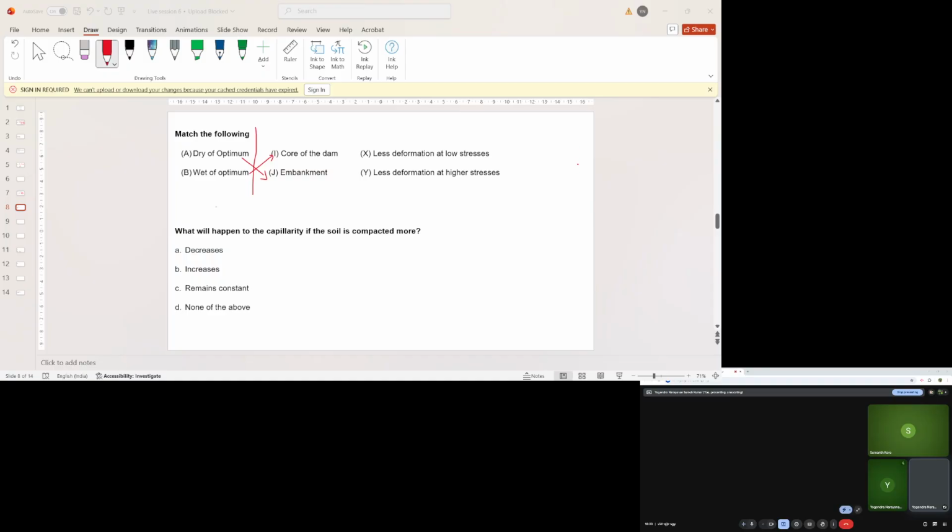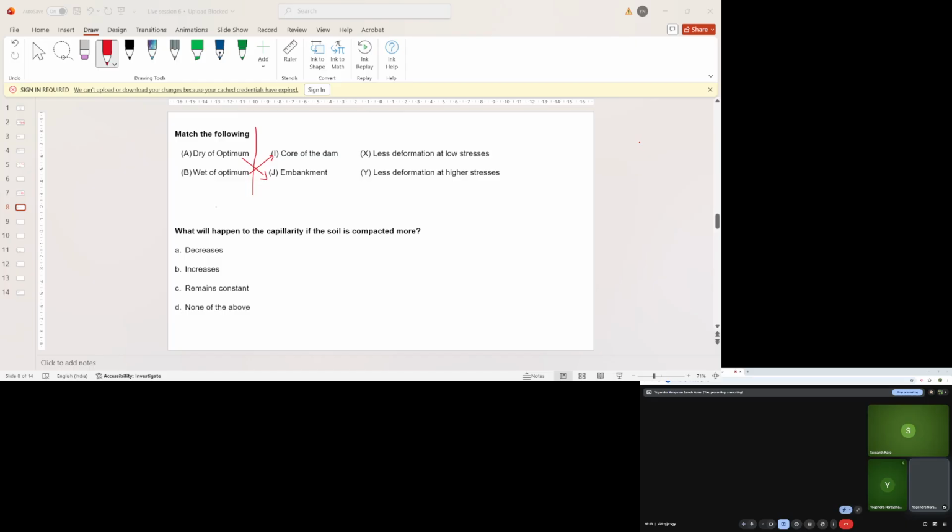Right. Now let us bifurcate these two. This is dry and this is wet. This is lower stresses and this is higher stresses. Right.